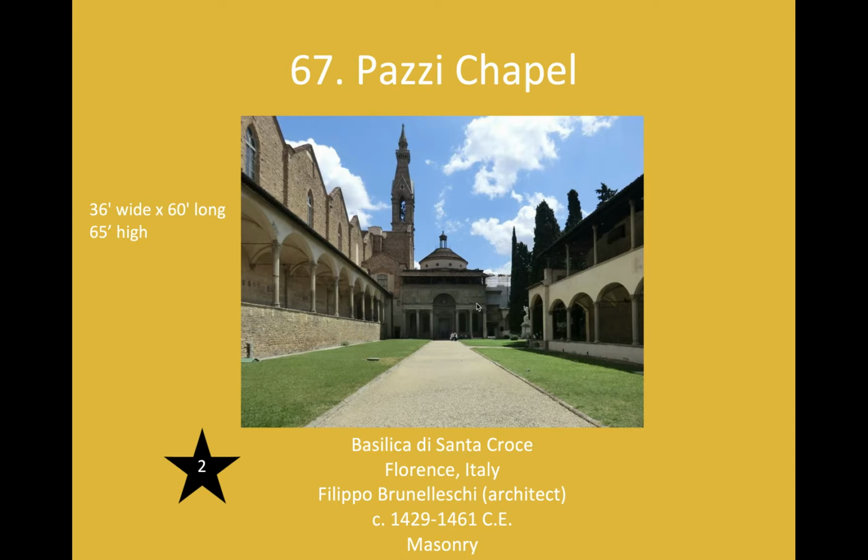Now, what you're looking at is just a masonry building that is part of a larger cathedral basilica complex. It is not actually a chapel. It is one of those things that gets its name and it's the wrong name, but we never change it. It is actually what's called a chapter house, which is a meeting space for monks.